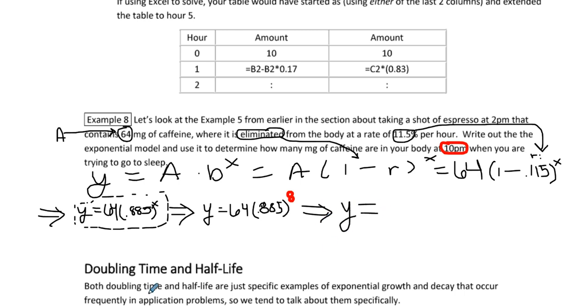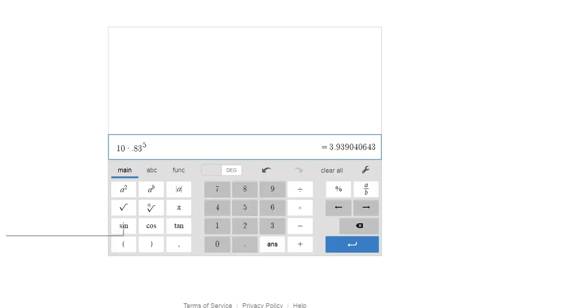So y is going to equal 64 multiplied by 0.885 raised to the 8, since it was 8 hours later.